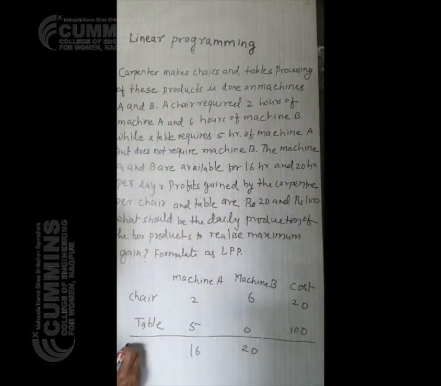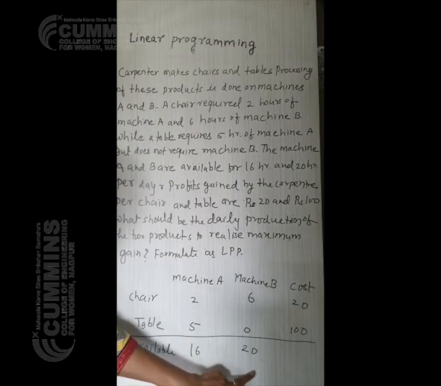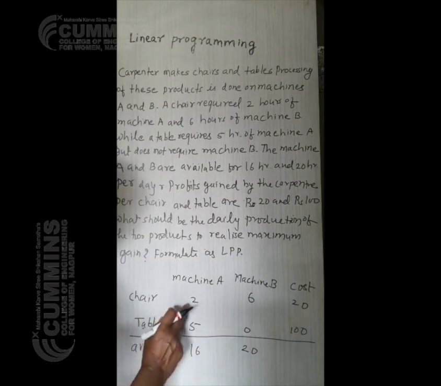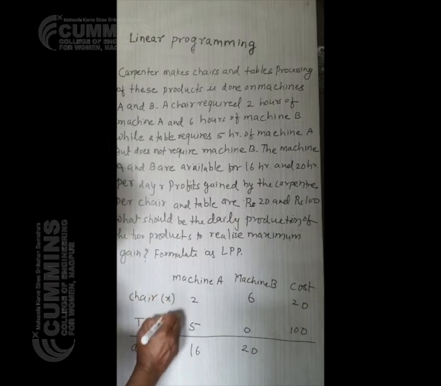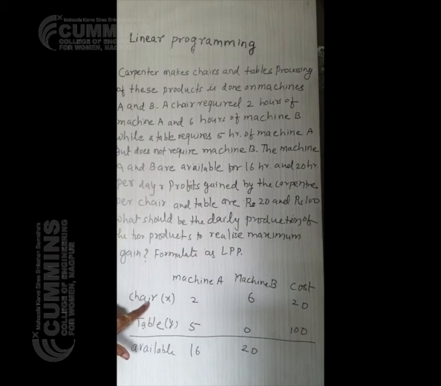Suppose the production of chairs be x and tables be y.